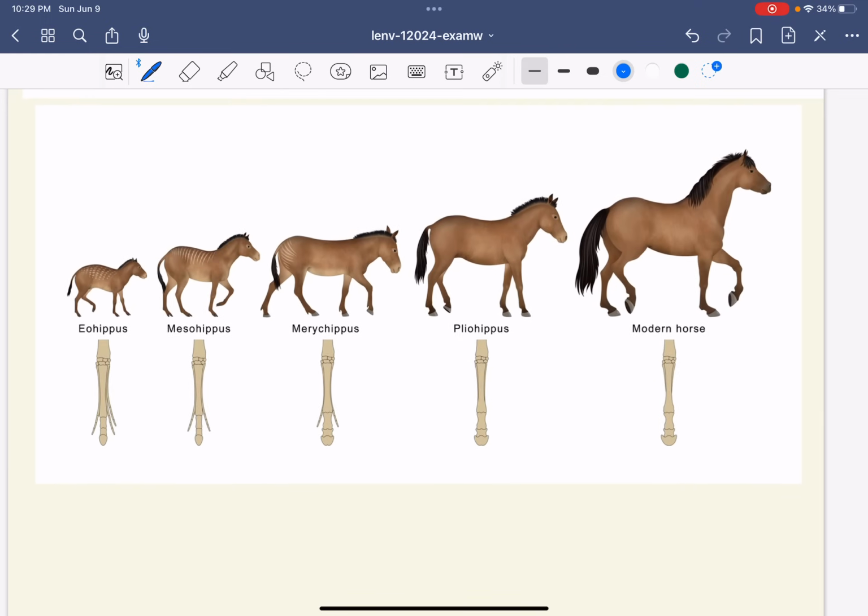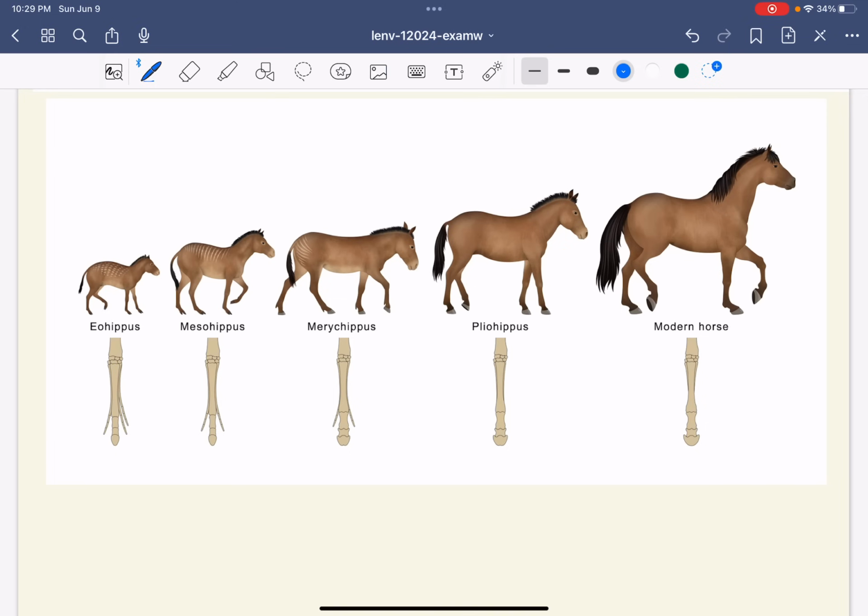Now, I have a quick picture of an evolutionary process of horses. We found in fossil records, because this is how we know things are real, the skeletal remains of animals that are related or of the same species as current animals.